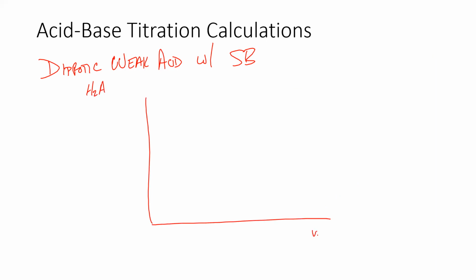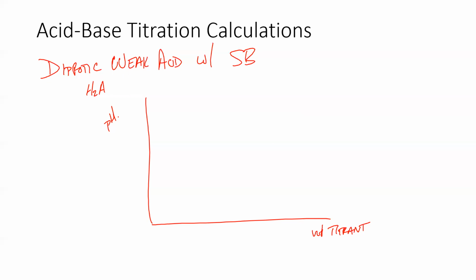Here's our curve with the volume of our titrant and the pH. We're going to have two equivalence points, one for the first proton coming off, one for the second proton coming off. One of the big assumptions that we make is that the protons come off in that stepwise fashion. That's a pretty good approximation.